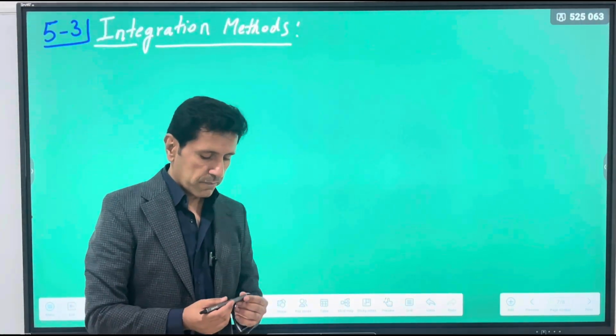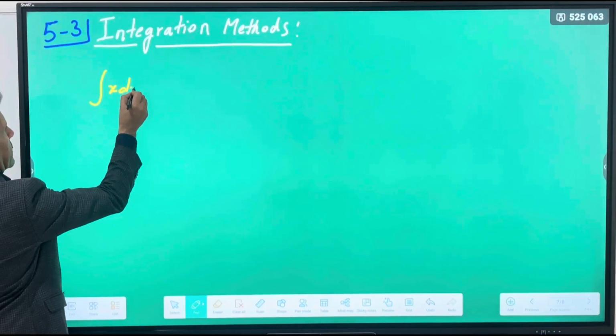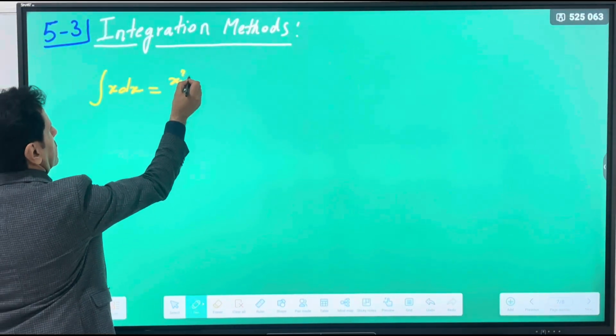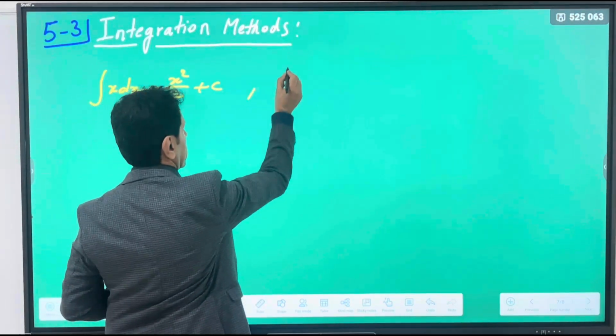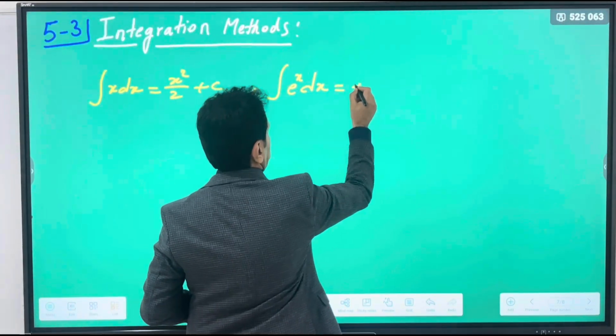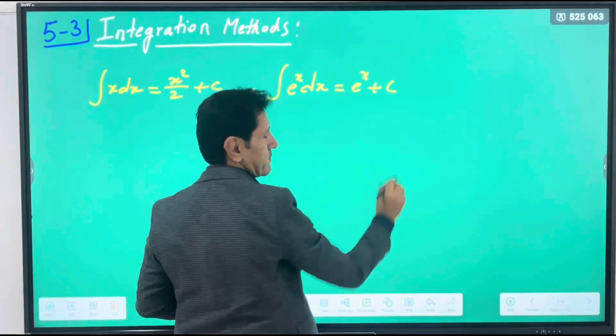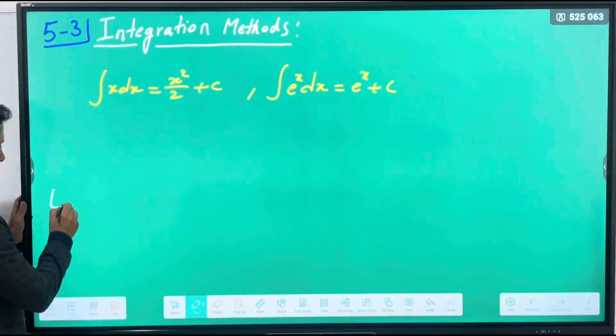Okay guys, so basically we know that the integral of x dx is equal to x squared over 2 plus c. And also, the integral of e to power x dx is equal to e to power x plus c. Now, if we have, let's say, example 1.